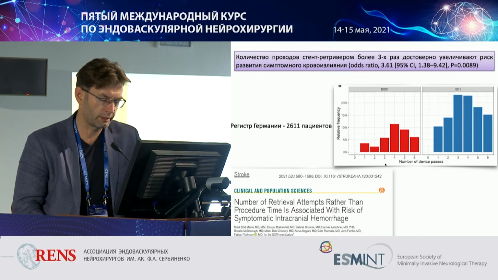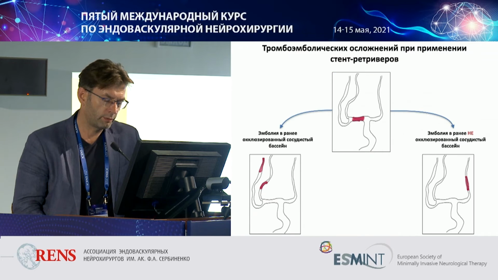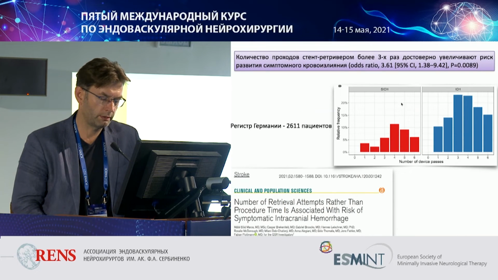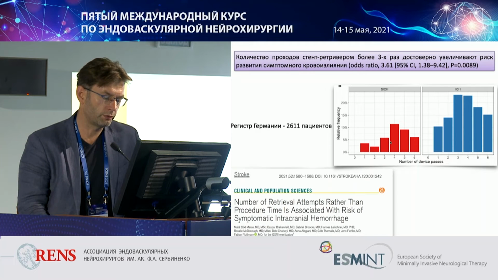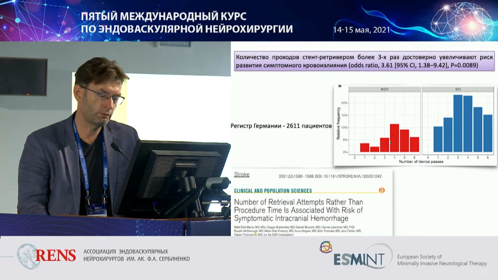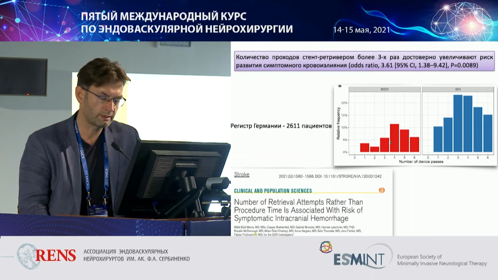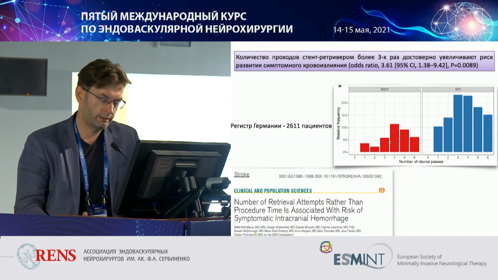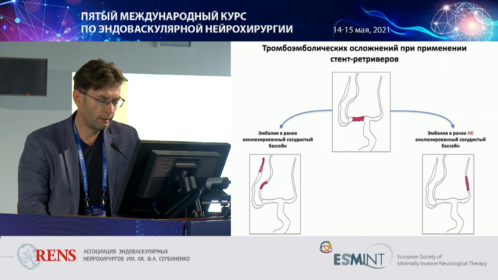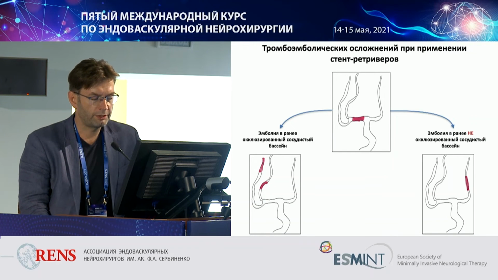This year we have seen a publication in Stroke, where the authors have demonstrated that mechanical thrombectomy with more than three passages has significantly increased, 3.5 times, the risk of symptomatic SAH. Which means if you tried two times, you probably have to stop or shift to another revascularization technique.